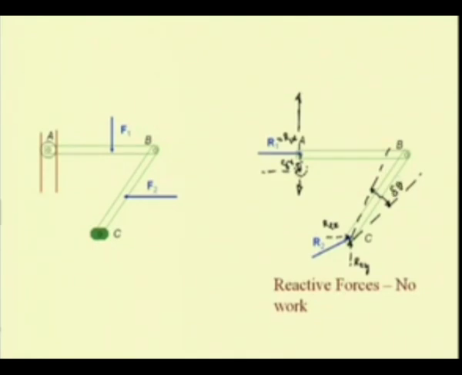We see that since this point C cannot move and it is fixed, whatever the virtual displacement may be, this point is not displaced, and so the work done by this force R2 is 0 again. So, we see that these reactions R1 and R2 do no work when some virtual displacement takes place in the system.